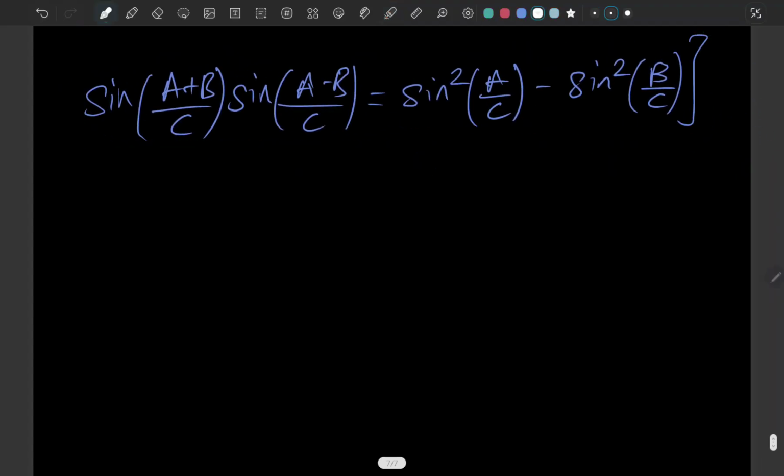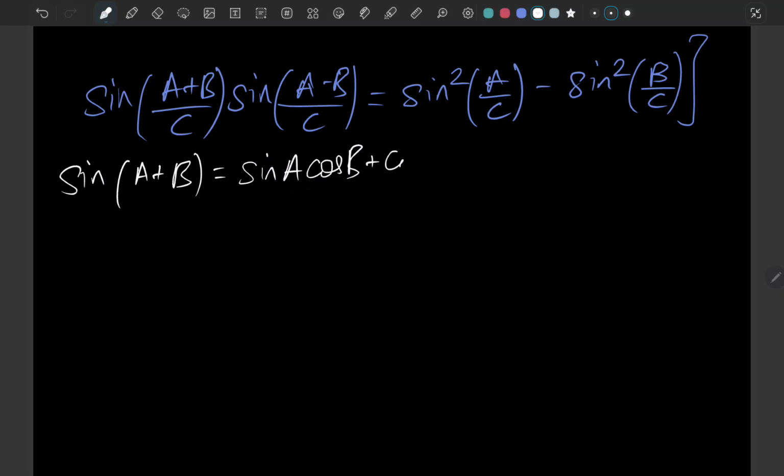So well, how can we do this? Well, we know that sine of a plus b equals sine of a cosine of b plus cosine of a sine of b. So here, oh my god, let me use x and y instead, because I think you're going to get confused here. So for that case, let me use x and y.